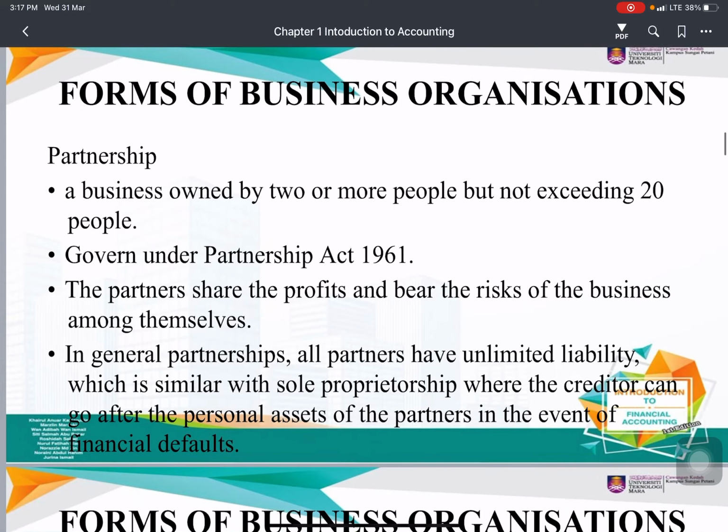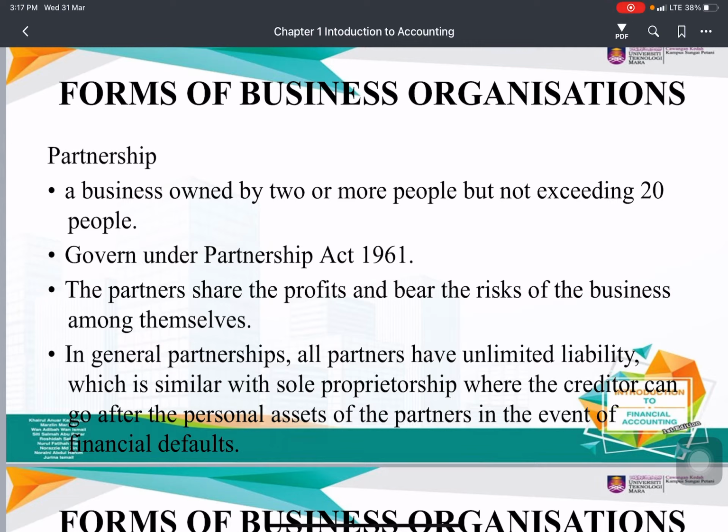Alright, so next one will be partnership. The minimum is 2 and the maximum is 20. This is governed under the Partnership Act. When you have more than one person, you have to share the profit, and the risk of the business also has to be shared among the partners.